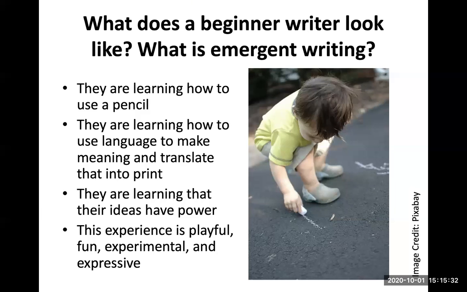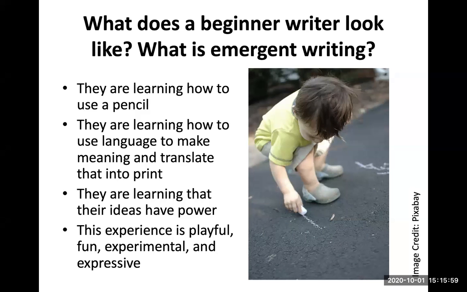So beginning writing, emergent writing, pre-emergent writing, which comes before beginning writing, looks like learning how to hold a piece of chalk or a pencil. And they're learning how to use the vocabulary, language that they have in order to translate that into print to give a message, to make meaning.